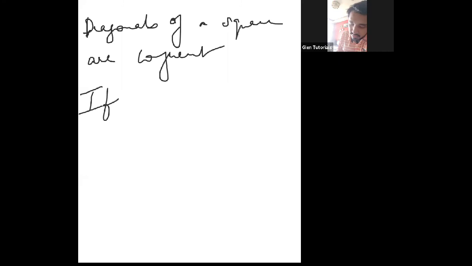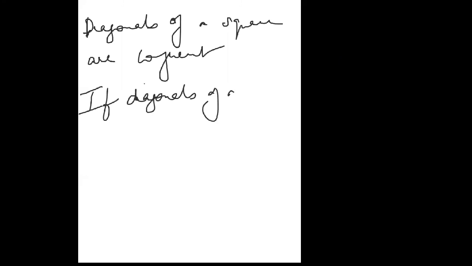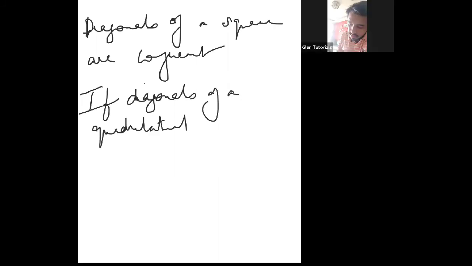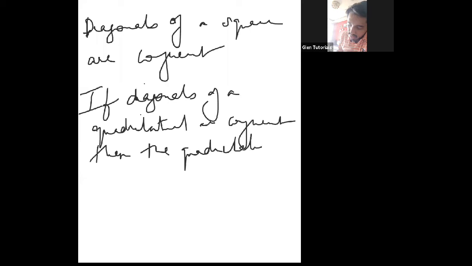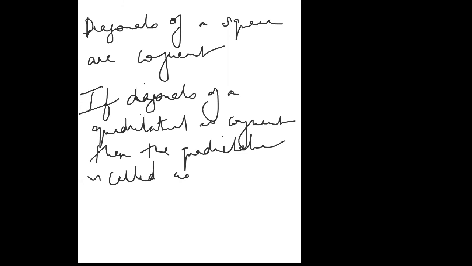If diagonals of a quadrilateral are congruent, then the quadrilateral is called as a square.